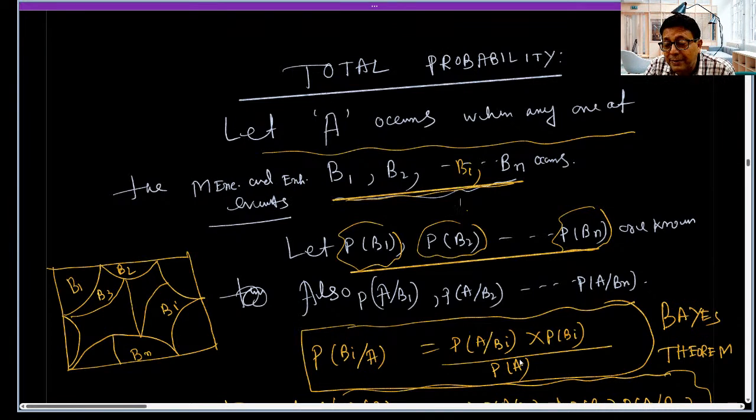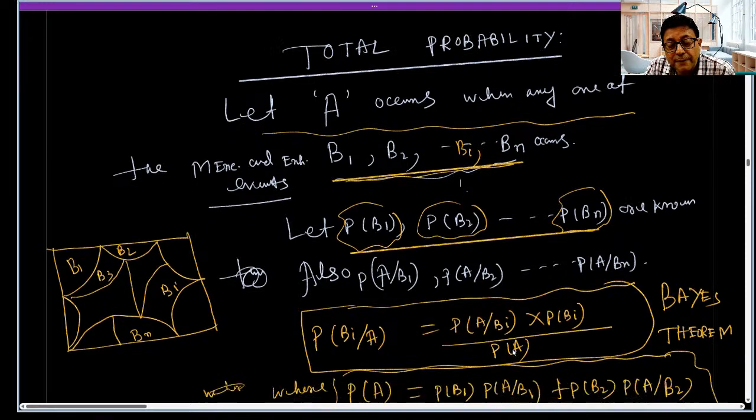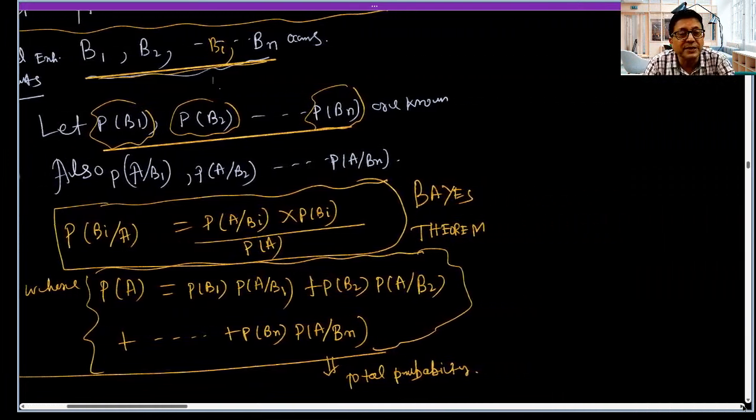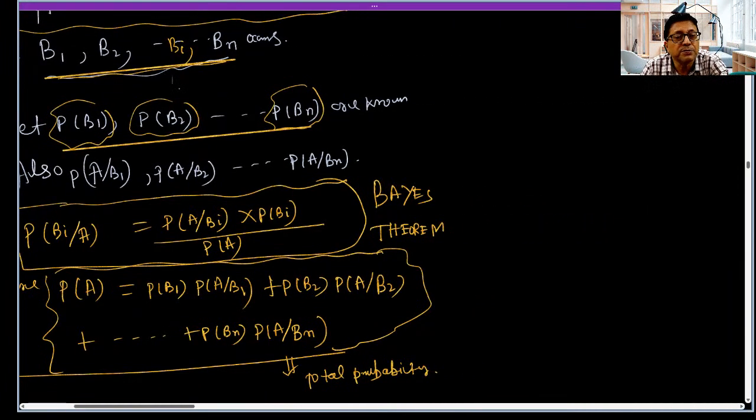I have just taken the opposite, P(A|Bi) multiplied by P(Bi) and divided by P(A). This P(A) is going to be the sum of these events: P(B1)P(A|B1), P(B2)P(A|B2), like this. This is called total probability. Let me explain with an example what is total probability and what is Bayes theorem. This formula only you keep in your mind.